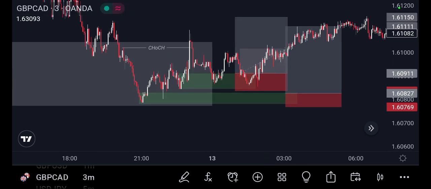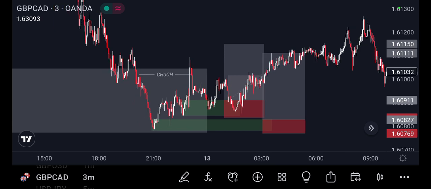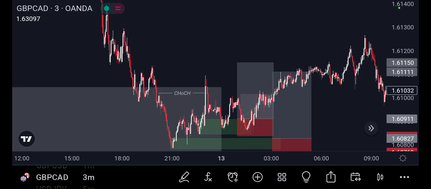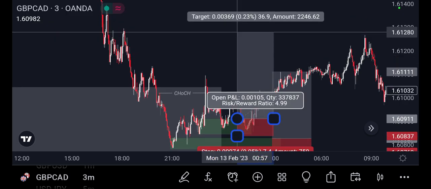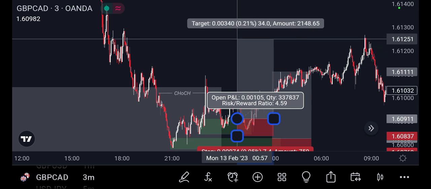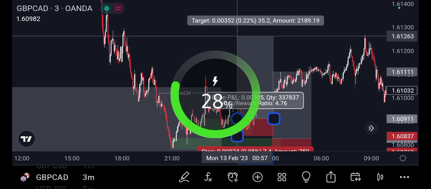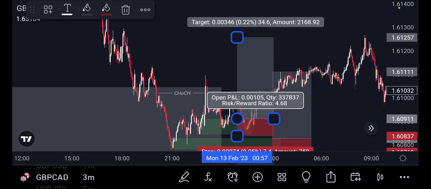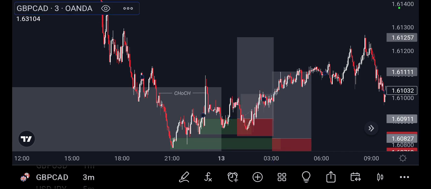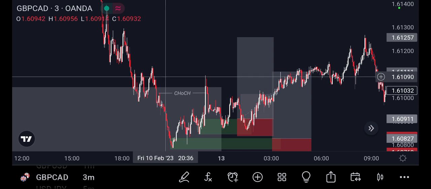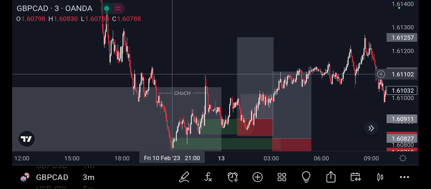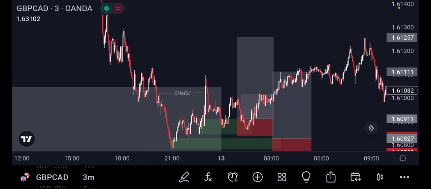Right, so this is 5.8 pips. You're targeting this supply zone here, which is 34 pips. As price has already broken this side, on your MT5, you just move your SL to entry, your stop loss.